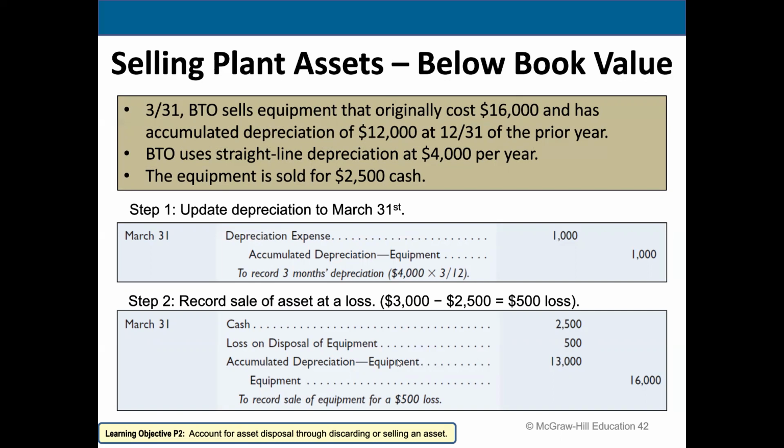I debit the accumulated depreciation because I know it had a credit balance of 13,000. I credit the equipment for 16,000 because I know it had a debit balance of 16,000. And then 13,000 plus 2,500 is 15,500, and the 16,000 for equipment means I need to debit the loss of 500. And again, if I have to do this to make it balance on the debit side, that's a loss. And if I had to do it on the credit side, it would have been a gain.